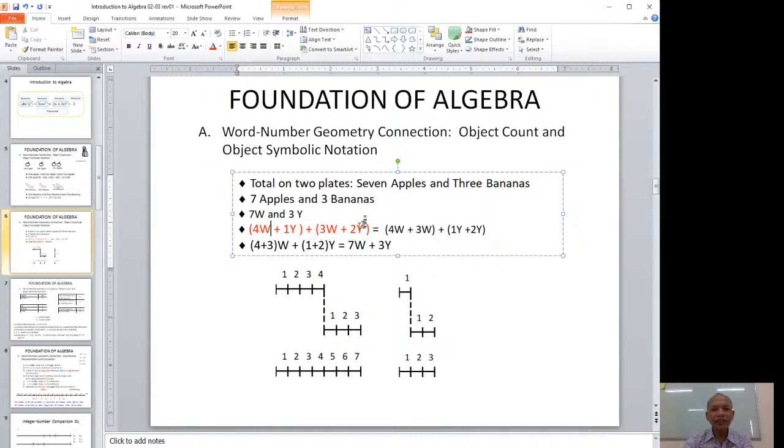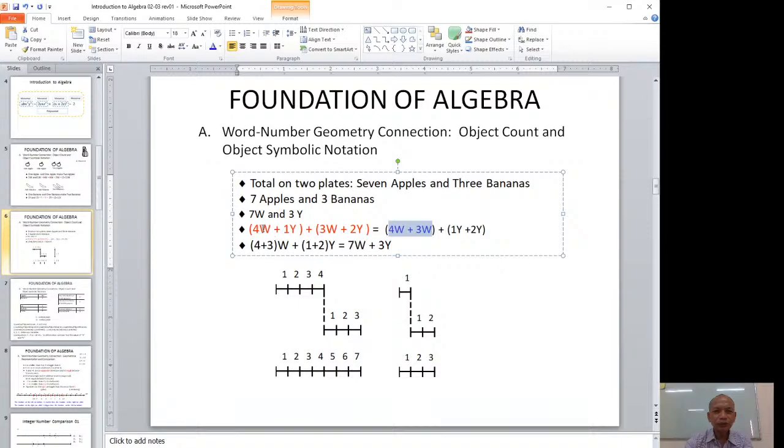We collect here. It is to illustrate how we do the operation addition. We have to collect the like terms together, the terms with the same variable. W put together with W, like this.